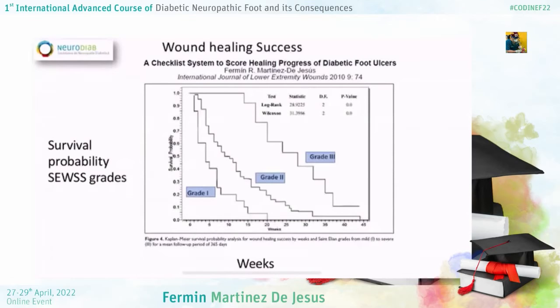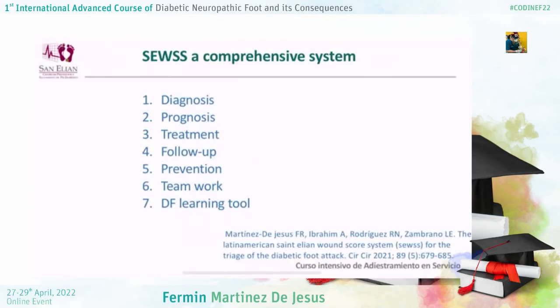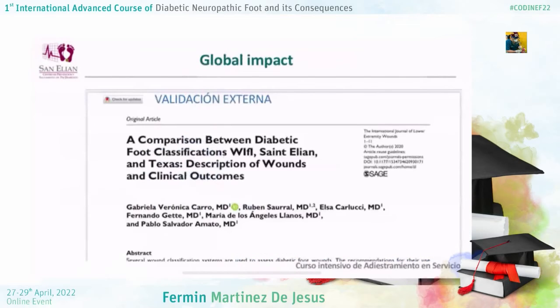Here we can see the survival probability for the 3 grades and the delay of wound healing, with 70% lower extremity amputation in grade 3, 30% in grade 2, and less than 5% in grade 1. So the system is comprehensive, providing a tool for diagnosis, prognosis, treatment, follow-up, prevention, teamwork, and a very good learning tool.